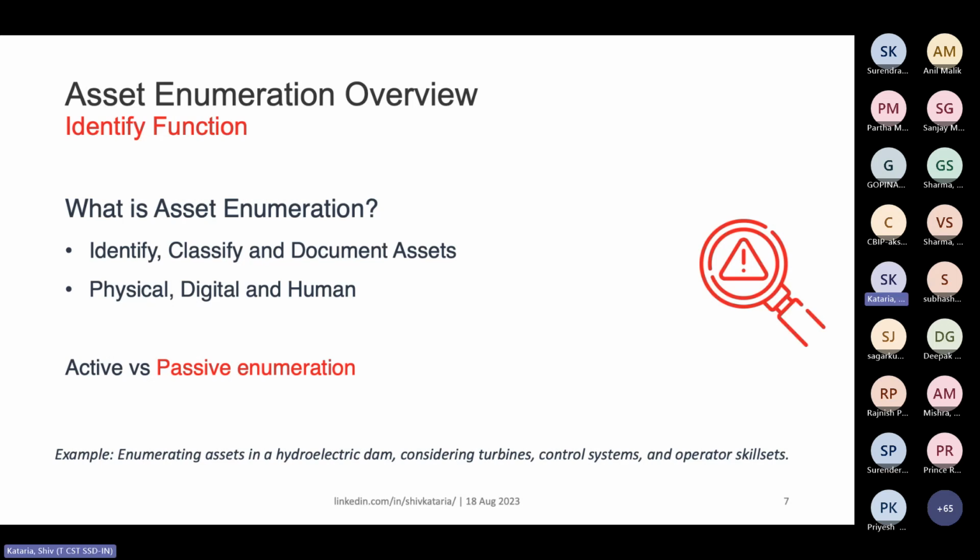So active enumeration basically means that you connect to the network and then you send some command on the network to identify what are the assets that are connected. Have you heard of the application called Nmap? No, sir. So there is this application called Nmap. It is short for network mapping.